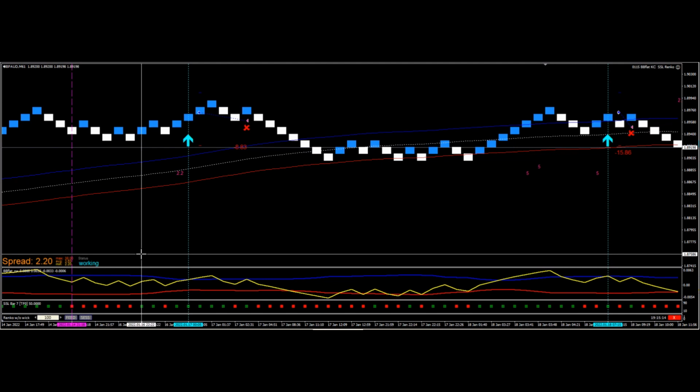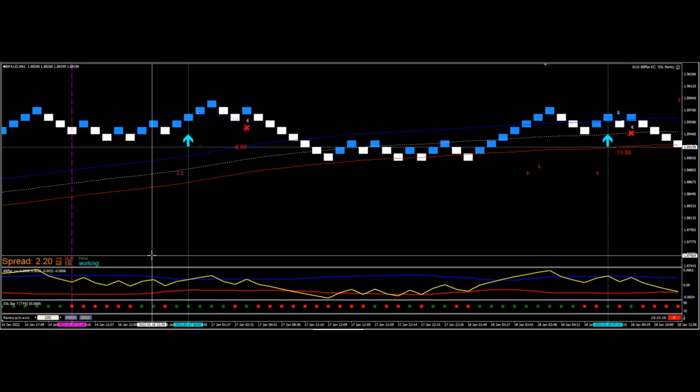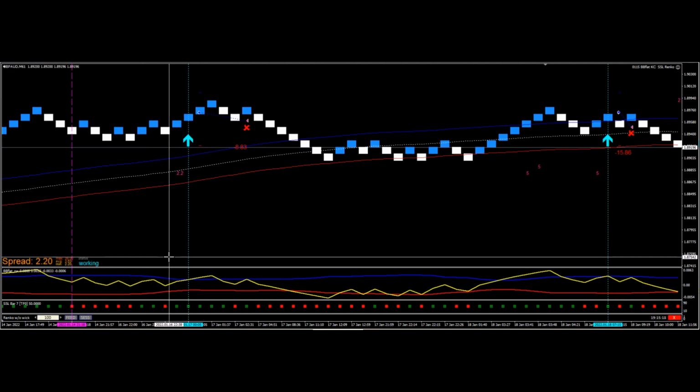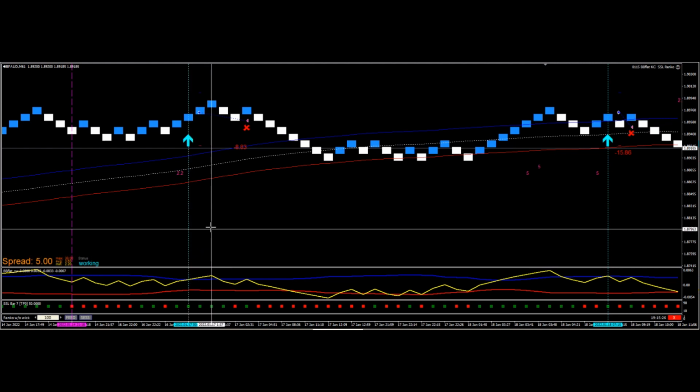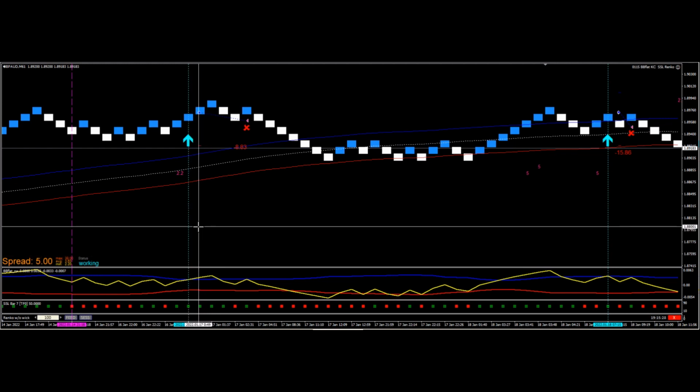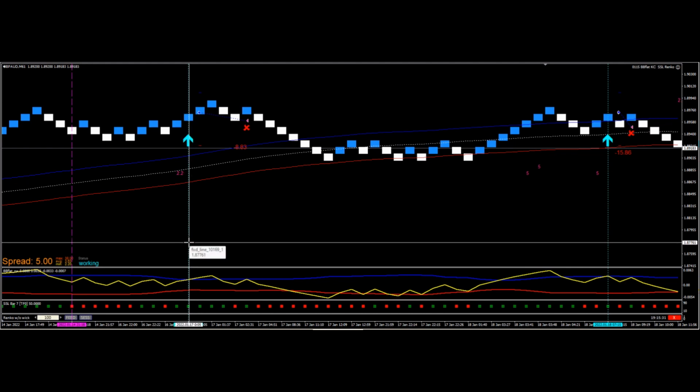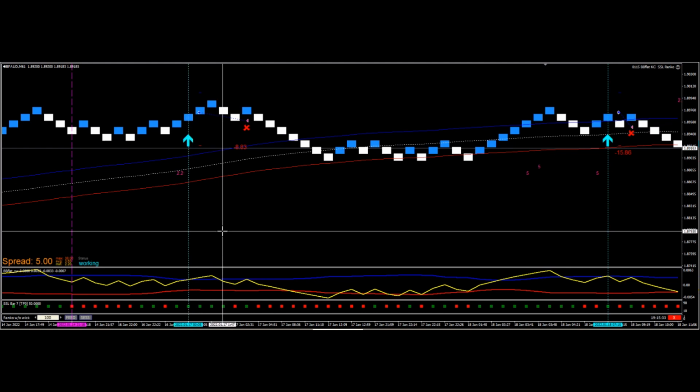There's another one that's opened above, not enough volume, open above, not enough volume. It's not until we get to this brick, where it's opened above the blue line, that we have a green C1 and enough volume.